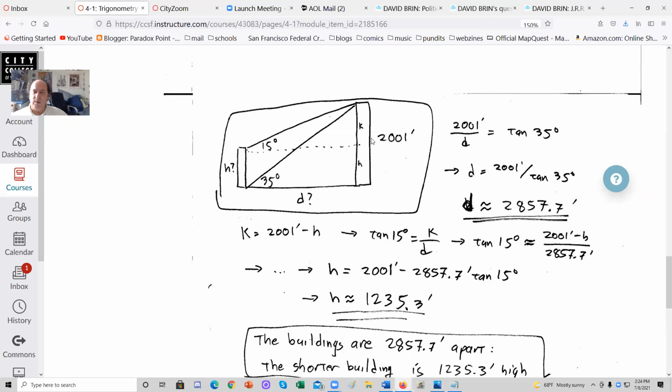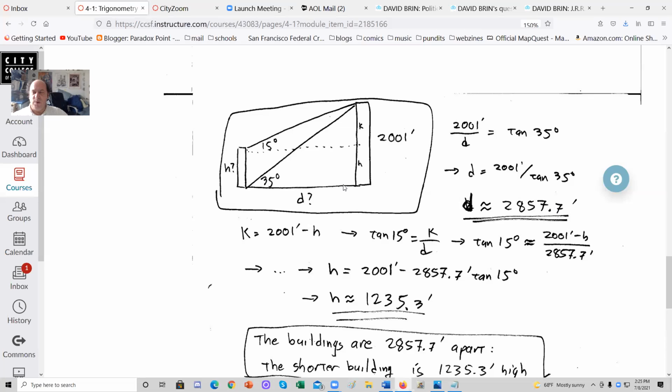So 2001 over d is tangent 35. If we find reciprocals, then transpose 2001 feet, d equals 2001 feet divided by tan 35 degrees. That comes out to about 2857.7 feet. I add one extra figure of accuracy, although that's a little more than really justified, but I think it's a good idea to be a little bit more accurate than required. So that's the distance between the buildings.